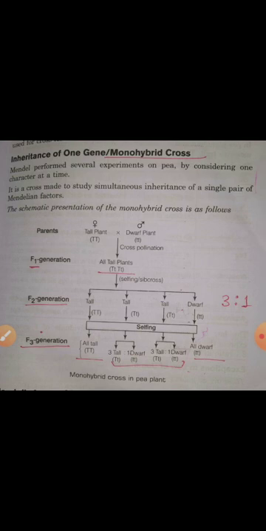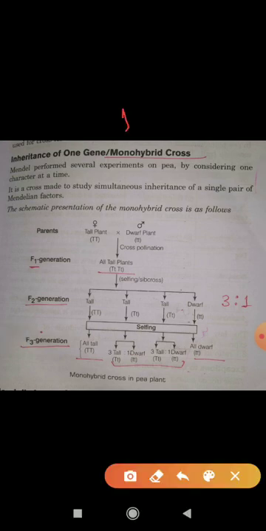So what is the monohybrid cross? Mono means one. If we are keeping one character of a plant clear in our mind, and we consider only one character of the plant, that is known as the monohybrid cross. We are performing a cross and keeping in mind that only one character has to be considered.